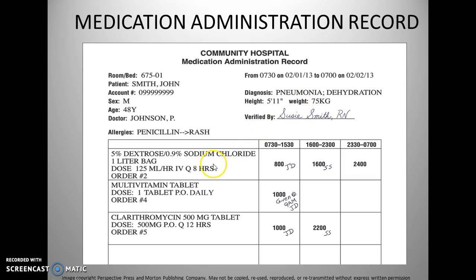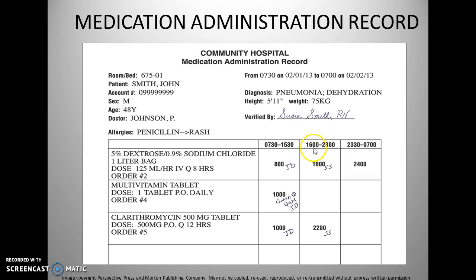And then here is the medication that is prescribed to that particular individual. Notice the date and the time. Okay, remember we talked about the different times. So this would be 7:30 in the morning, and this would be 3:30.